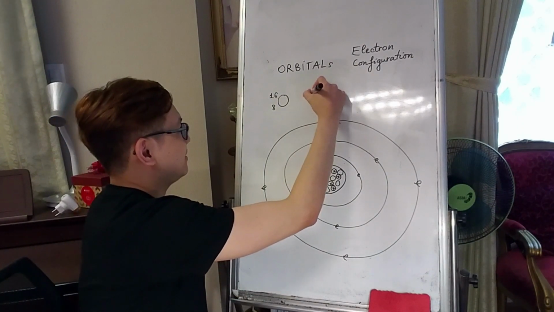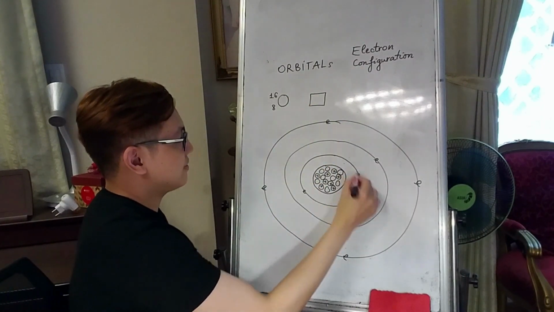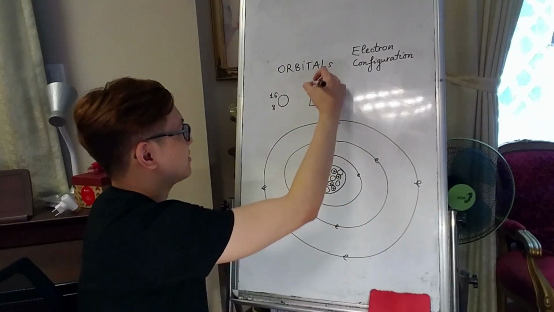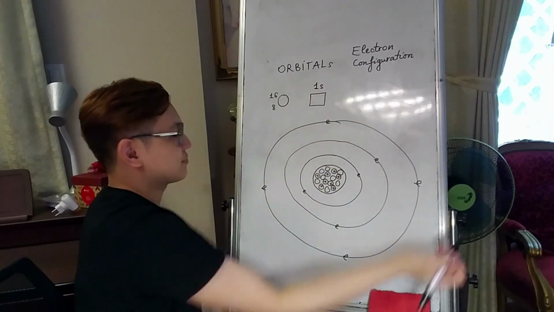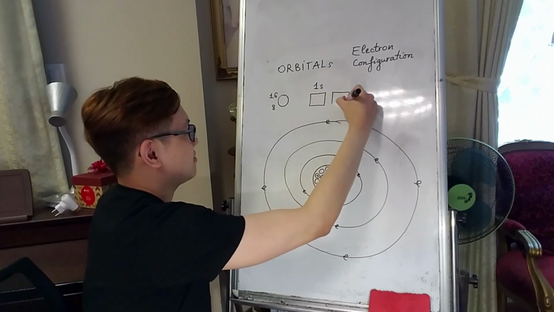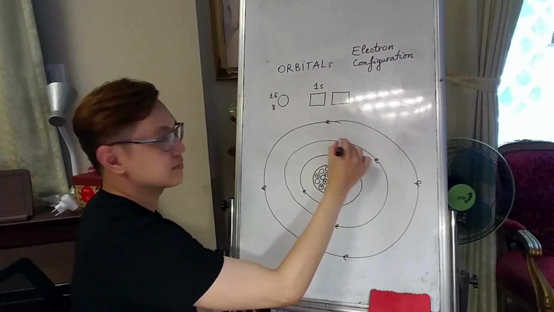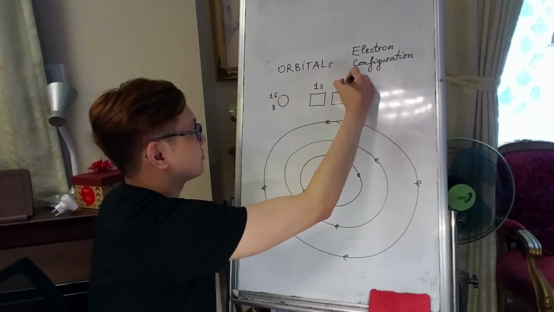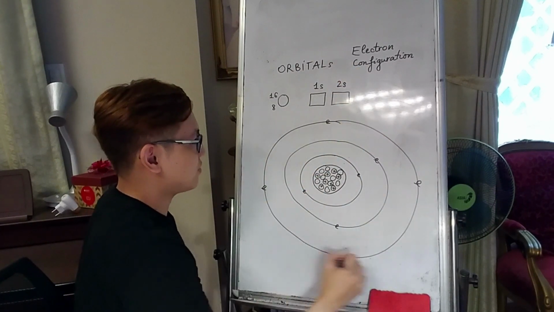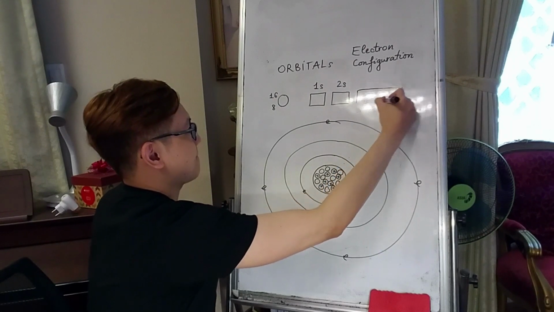In this case, the nearest orbital to the center is called 1s. The next one is a 2s. And the last one, the outermost, is called the 2p.